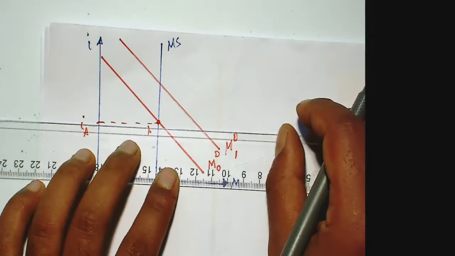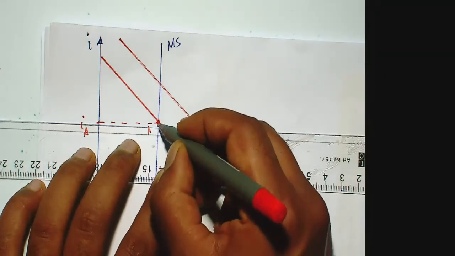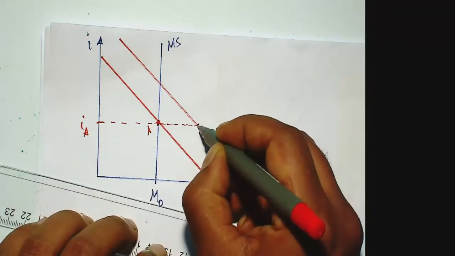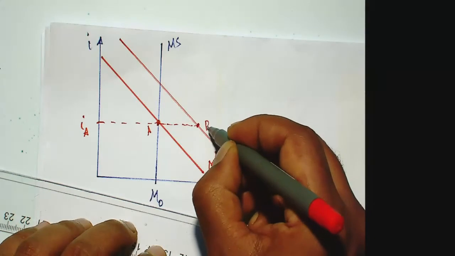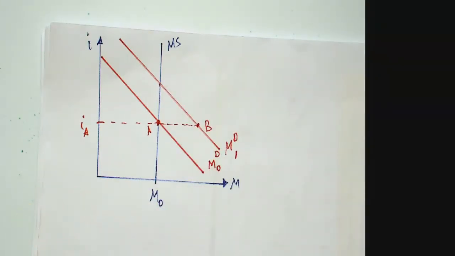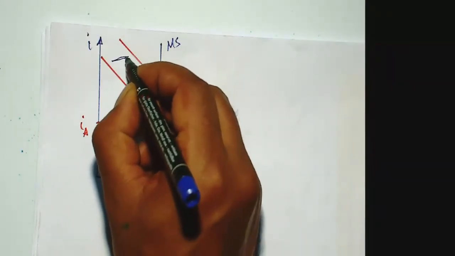So at this point of increase, we have money demand at point B, where our money demand increased. So at this point, we have a higher money demand than the money supply because there is no equilibrium anymore. Money demand increased because we had an increase in income.